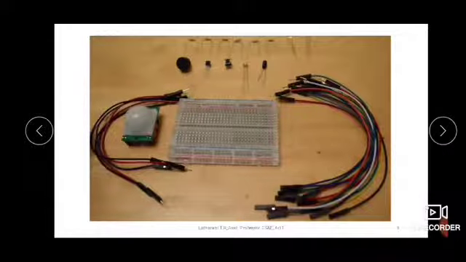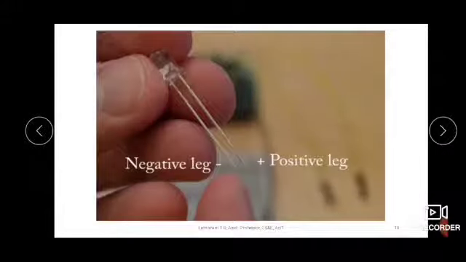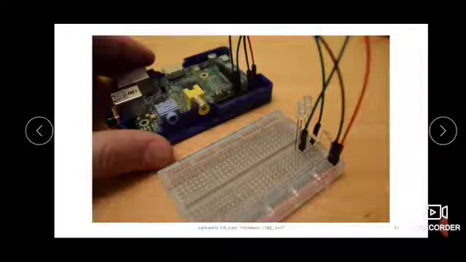So let us see the connections. While connecting the LED, you have to keep track of the negative and positive leg. The leg which is a little small is the negative leg, and the leg which is a little bigger than the negative leg is the positive leg. Here the connections are made from pin number 17 and 27.